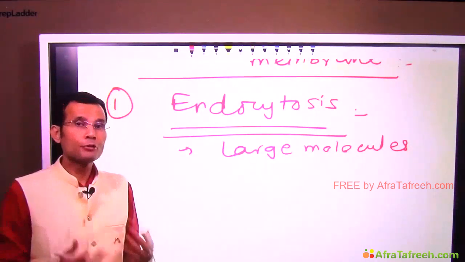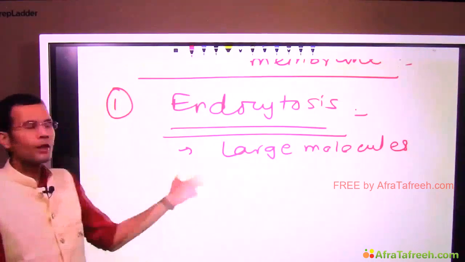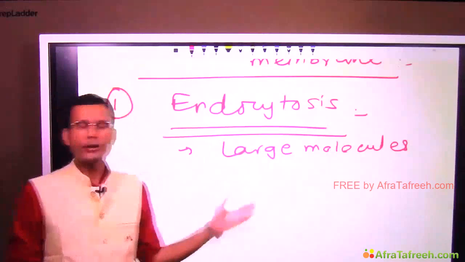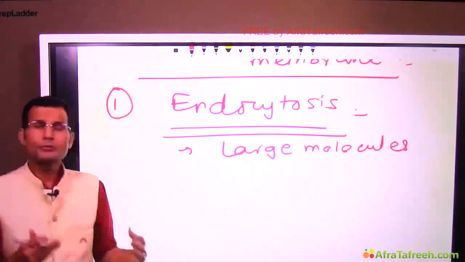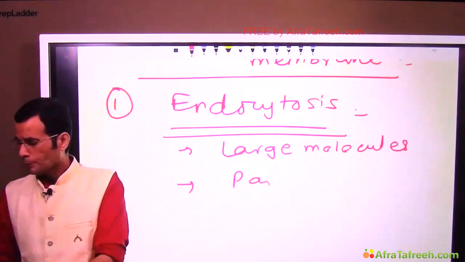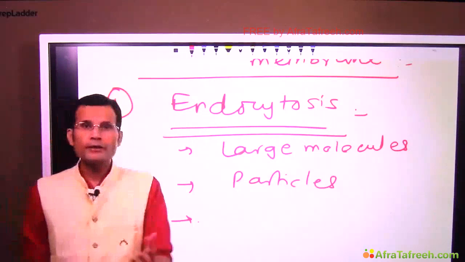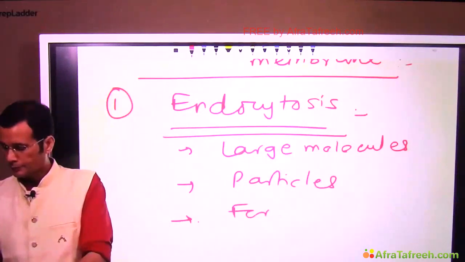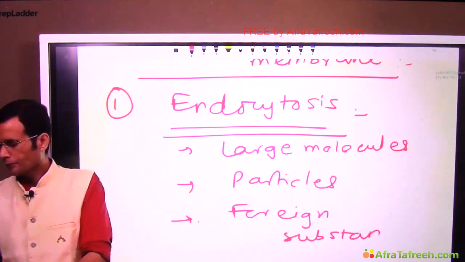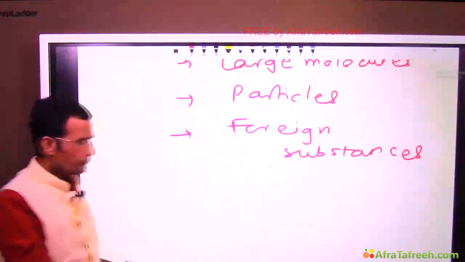They cannot use diffusion as the transport modality. Such substances will use endocytosis to enter the cell. So large molecules, macromolecules, particulate matter, particles, foreign substances, bacteria, such substances do enter the cell by endocytosis.